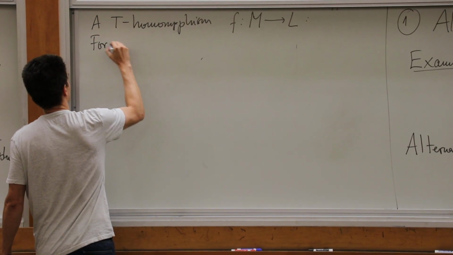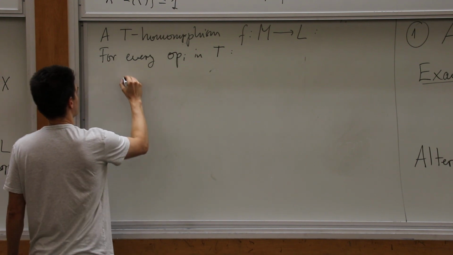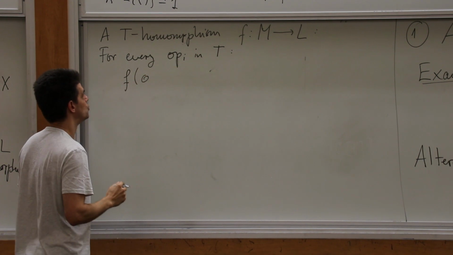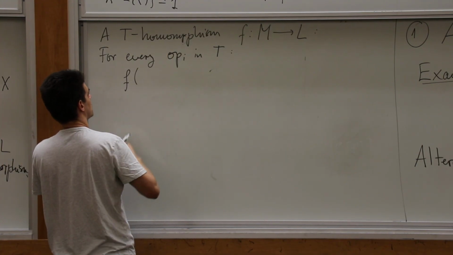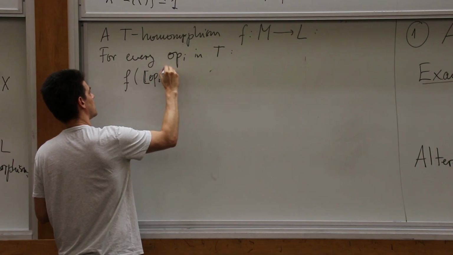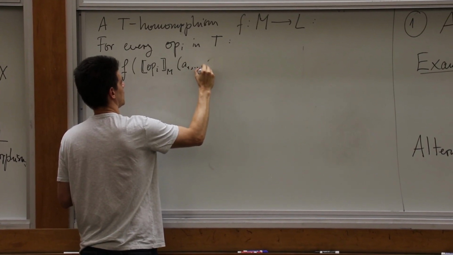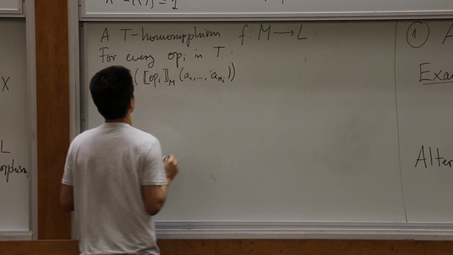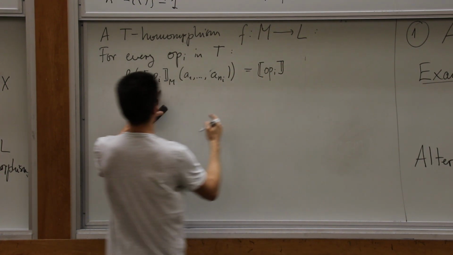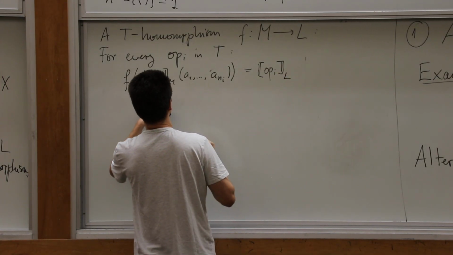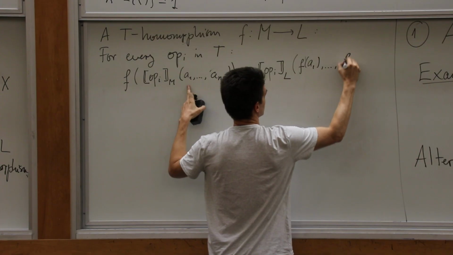For every operation op_i in the theory T, if I apply F to op_i in M, and then here I just have some arbitrary elements a_1 up to a_{n_i}, this equals, I can switch around the operation and F, but now this is going to be in L, of F a_1 up to F a_{n_i}.